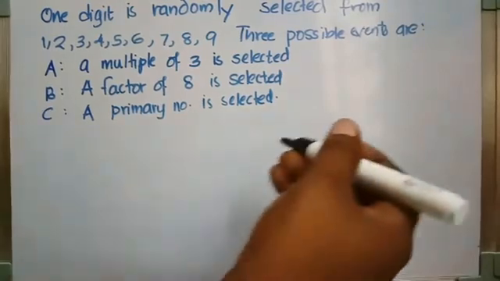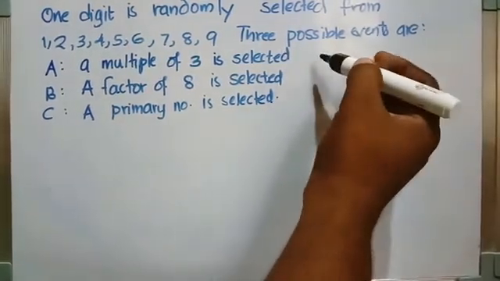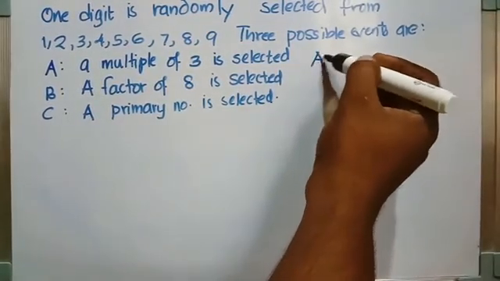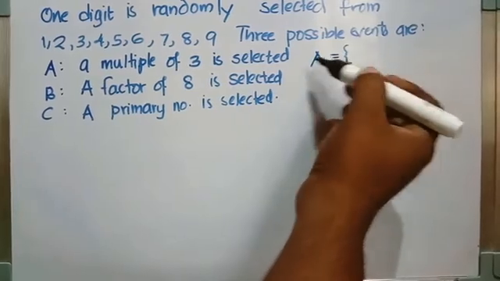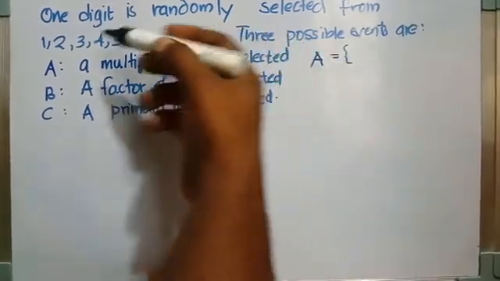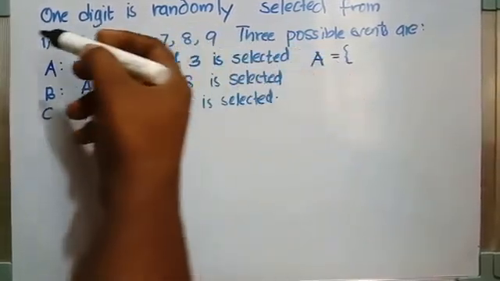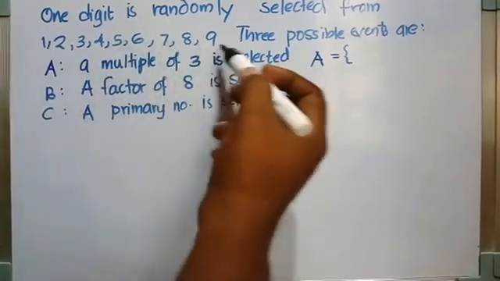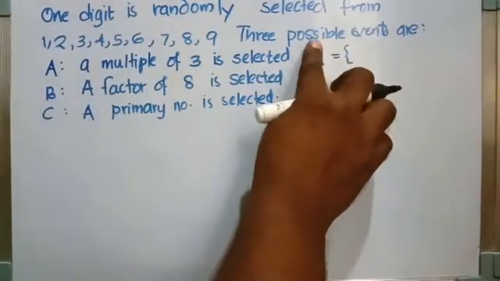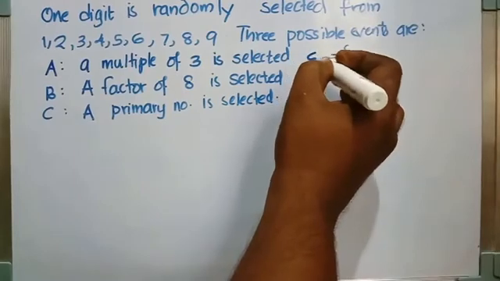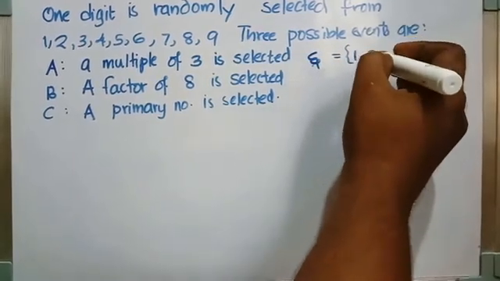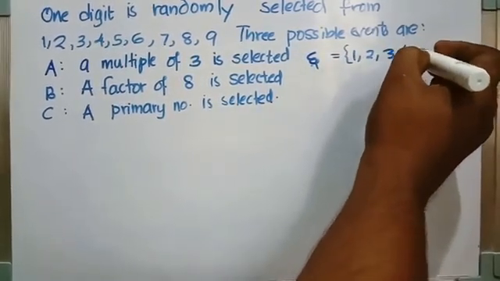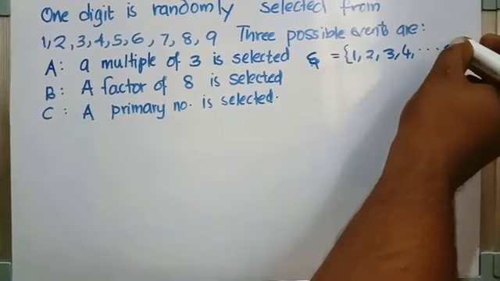In this question, let's write the set form of A. A, a multiple of 3 is selected. So here we have to consider the universal set first, which is 1, 2, 3, 4, etc. up to 9.